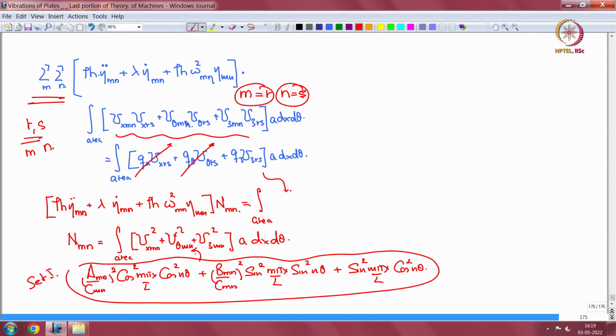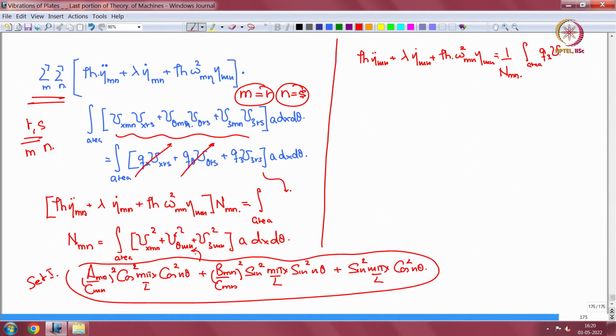So what we will get is rho h N mn eta mn double dot plus lambda eta mn dot plus rho h omega square mn eta mn is equal to 1 over N mn integral over area Q3 into U3 mn A dx d theta.